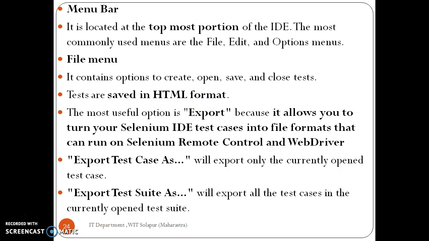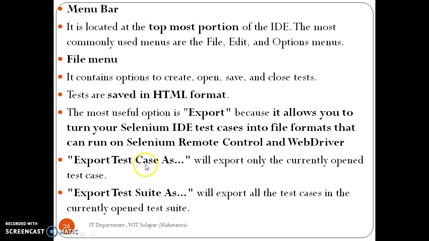The most useful option is Export, because it allows you to turn your Selenium IDE test cases into file formats that can run on Selenium Remote Control and WebDriver. So this is a very important option, so that you can run those test cases in the next versions of Selenium.